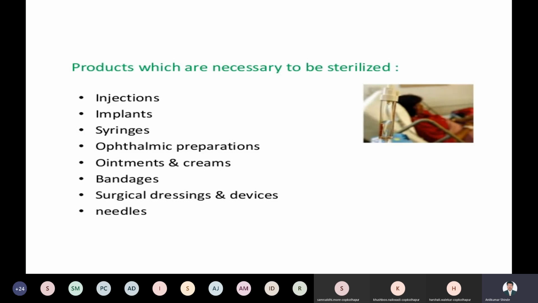Then next is ophthalmic formulation. So what is the ophthalmic formulation? It is particularly the formulation used for ENT. What is ENT? ENT is ear, nose, and throat, right? So ear drops, eye drops, or throat drops as well as nasal drops, right? So these are called ophthalmic formulations. They are particularly used for the ENT purpose, for the ear or the eyes or the nose or the throat, all right?